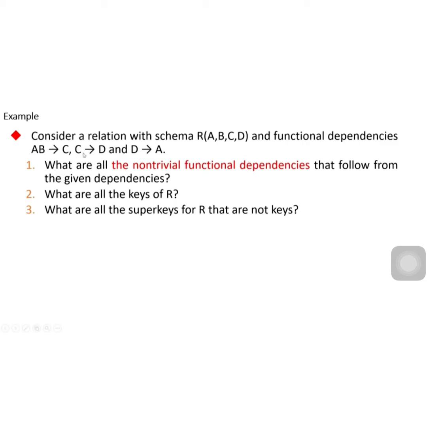Consider a relation with schema R(A, B, C, D) and functional dependencies AB functionally determines C, C functionally determines D, and D functionally determines A. What are all the non-trivial, here completely non-trivial, functional dependencies that follow from the given FDs?